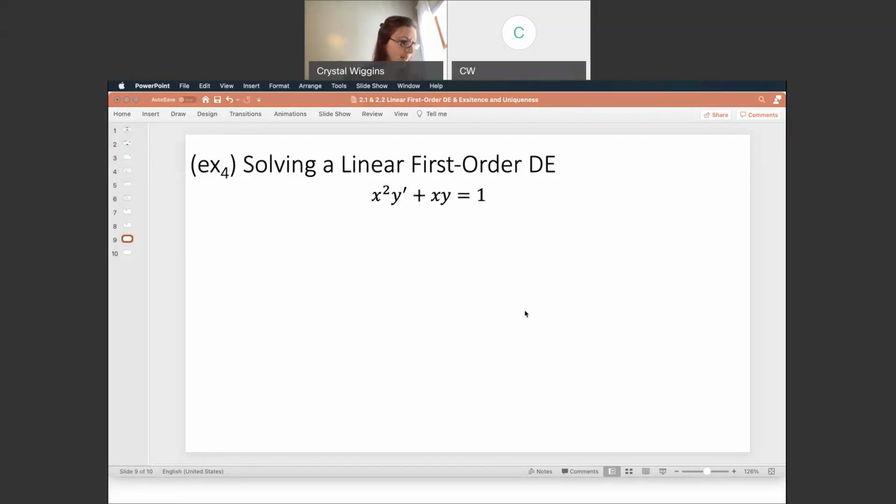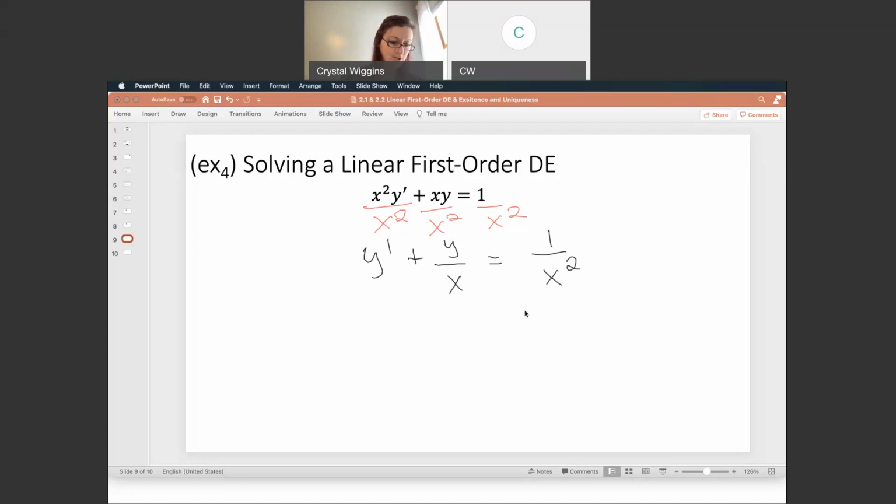So the first thing that I'm going to want to do is divide by this x squared on all terms, as it does not belong there. And that gives me y prime plus x over x squared. It will cancel the x in the numerator and drop the exponent on the x to 1 in the denominator, giving us y over x is equal to 1 over x squared.